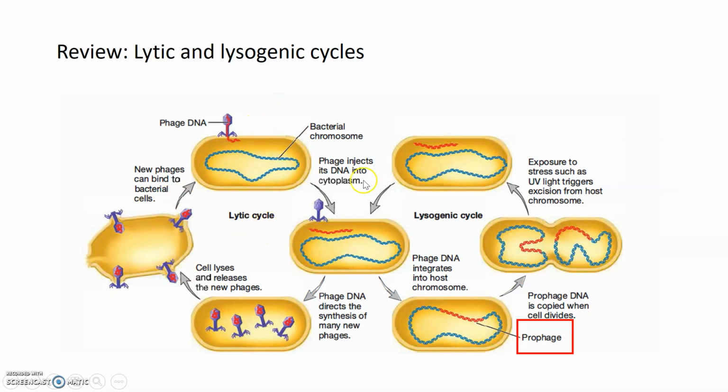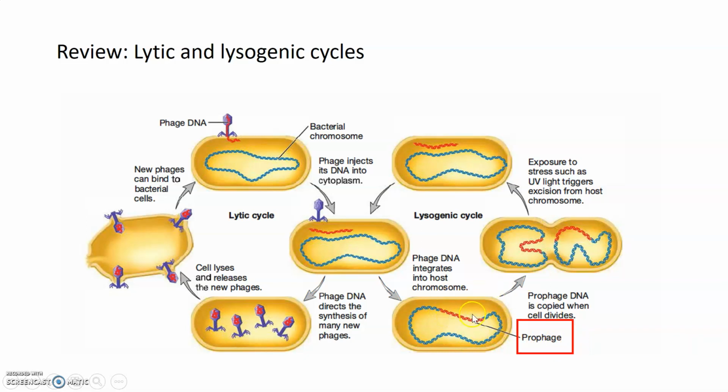However, there are some bacteriophage that can enter into a different life cycle, which you can see here on the right, which is known as the lysogenic cycle. And in the lysogenic cycle, a bacteriophage will still inject its DNA into the host cell, but rather than multiplying that DNA to create new viruses, it will integrate its viral DNA into the bacterial chromosome, which you can see here in blue. And this piece of viral DNA inside the bacterial chromosome is known as a prophage.